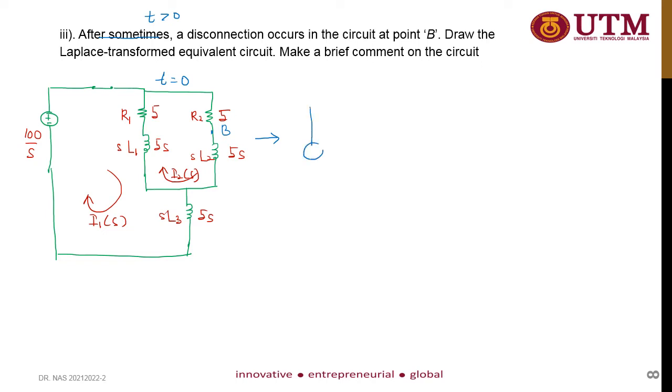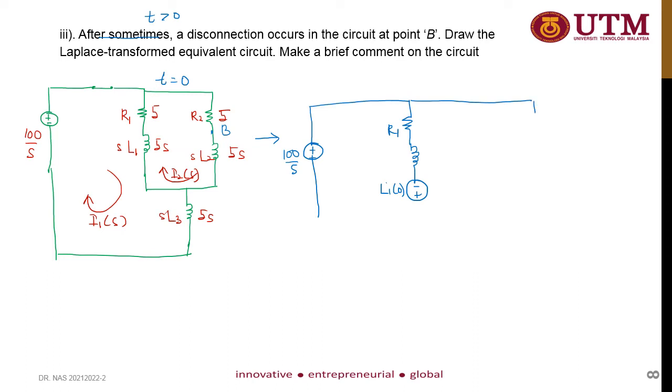The source is 100 over S, and then you have the resistor staying as it is, and then the inductor in series with an additional source, which is equal to L i naught. So what is L i naught? I'll show you later on.